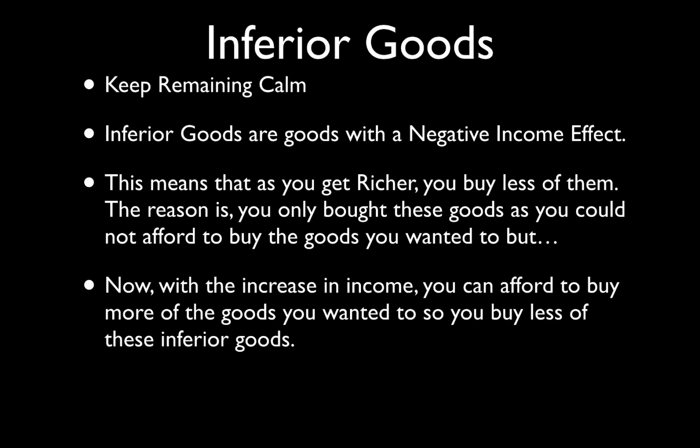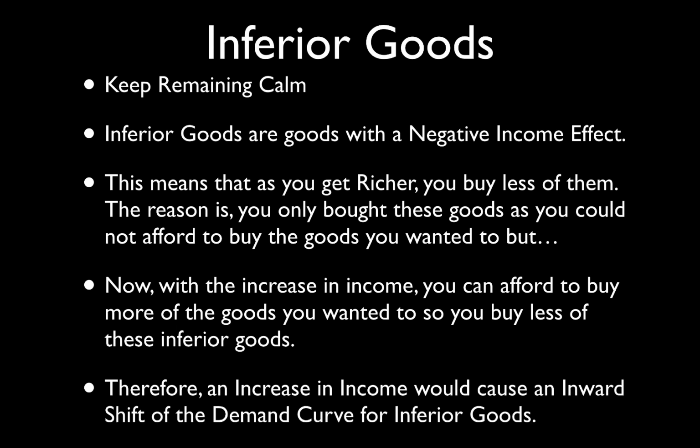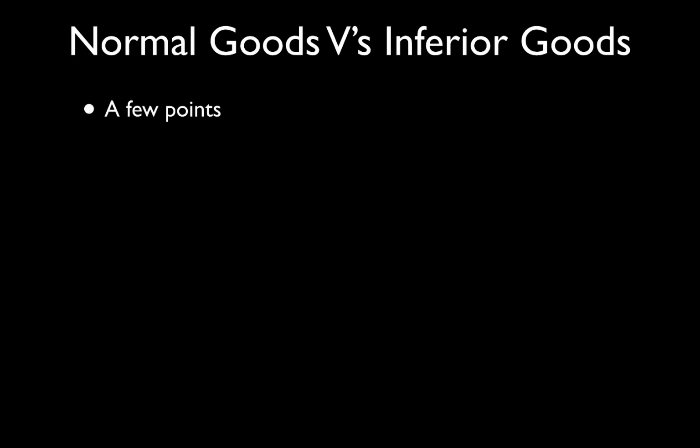So, now with the increase in income, you can afford to buy more of the goods you wanted to, so you buy less of these inferior goods. Therefore, an increase in income would cause an inward shift of the demand curve for inferior goods. Now, I know there's a lot written on the screen, but I'm going to go through an example in a second. Not right now, but in the next slide.